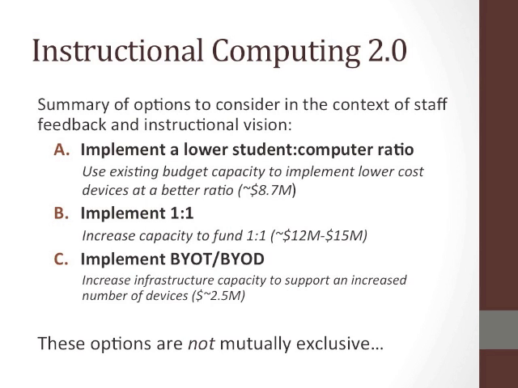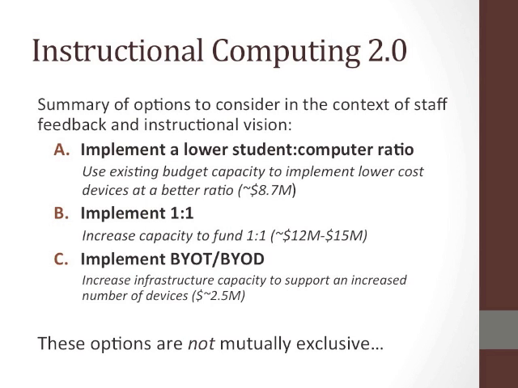Option C was to implement a BYOT or BYOD sort of initiative, and the major cost there would be in the infrastructure capacity. We would need to build out the infrastructure to support an increased number of devices, and in fact the cost here is also replicated in the one-to-one and in the lower student-to-computer ratio options A and B, because we're talking about increasing the number of devices.